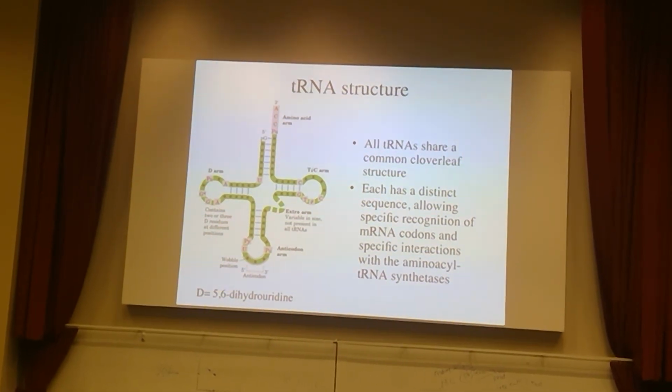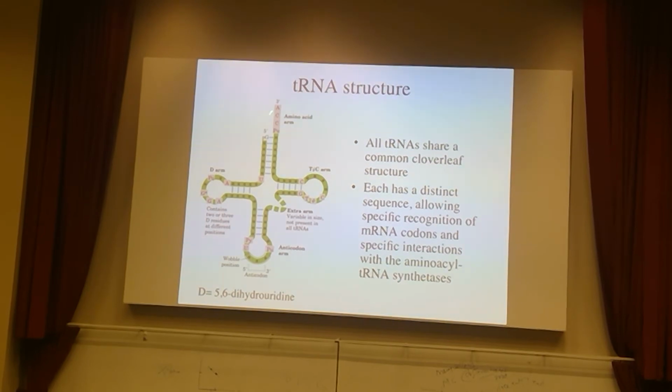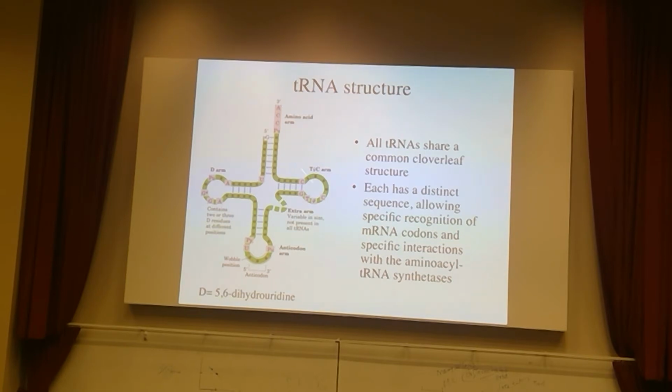The D arm, this TC arm, and then there's the amino acid arm. It ends with this CCA at the 3' end, and here is where we attach our amino acid. So here is where we hit the mRNA. Here's where the amino acid is positioned for every tRNA.